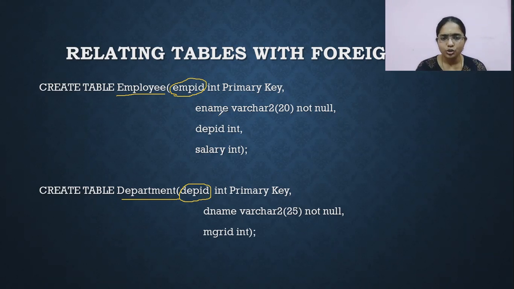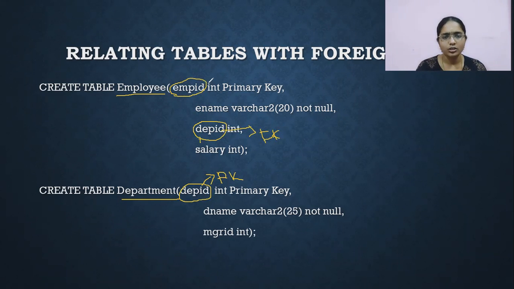Clear? Comparing these two, you can notice that department ID is present in both tables, where I can make this department ID the primary key here, and the same department ID available in employee, I can make a foreign key. So it will be easy for me to relate the data and fetch it.